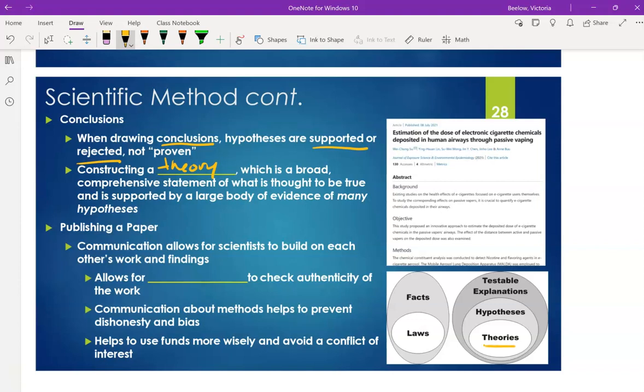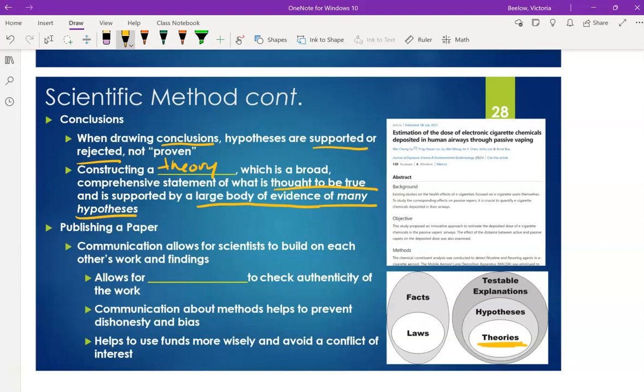A theory, as you can see here in this diagram, is basically a bunch of hypotheses and testable explanations, things that have been supported by a large body of evidence and many hypotheses. This is something that is thought to be true because it has been tested and supported so many times.